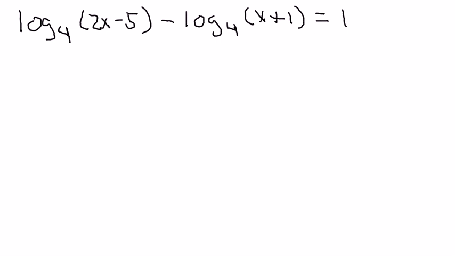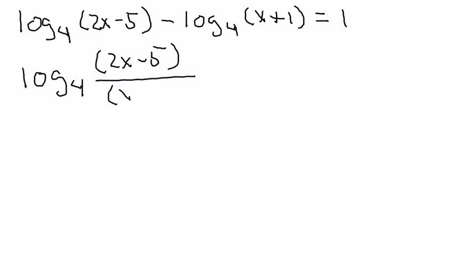The first thing we would do is apply our property of logs and rewrite that as a division. So we'd rewrite it as the log base 4 of 2x minus 5 over x plus 1 equals 1.